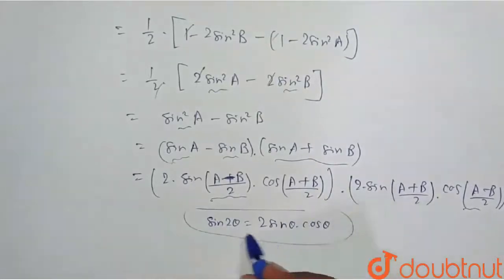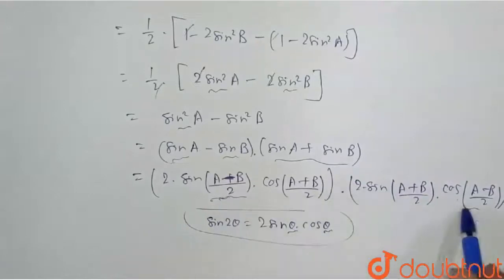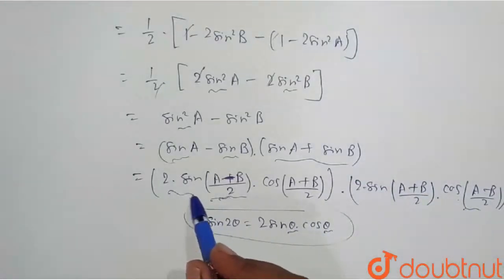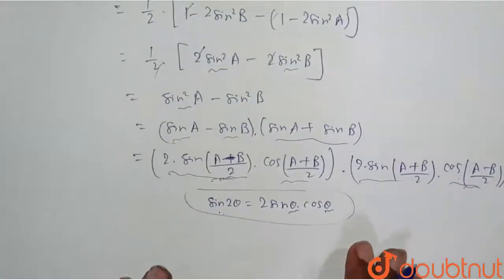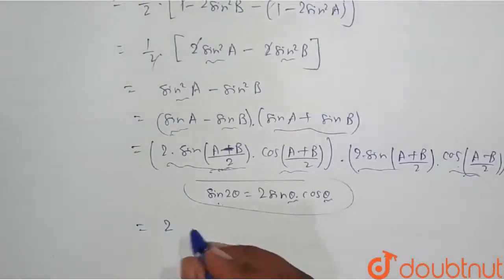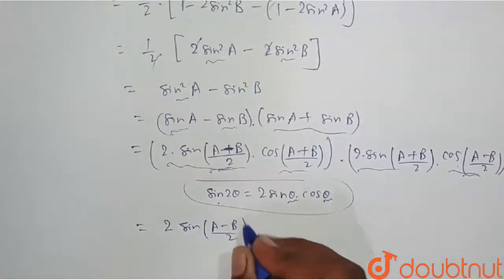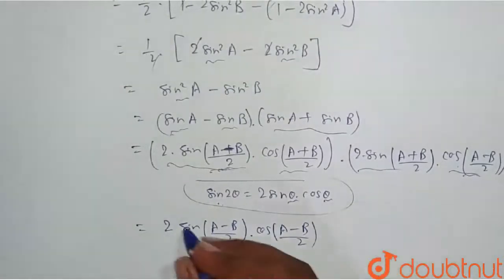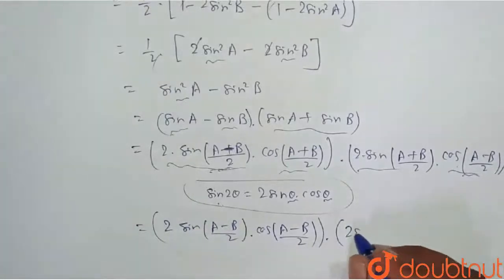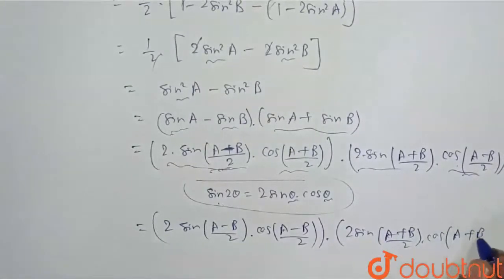We can notice that the sine term and the cos term have the same angle. So if we combine these terms, we get sin((a - b)/2) cos((a - b)/2) into 2 sin((a + b)/2) cos((a + b)/2).